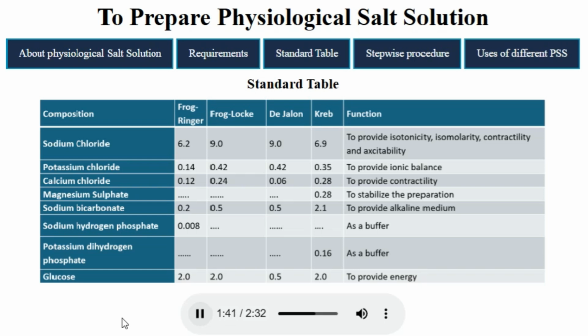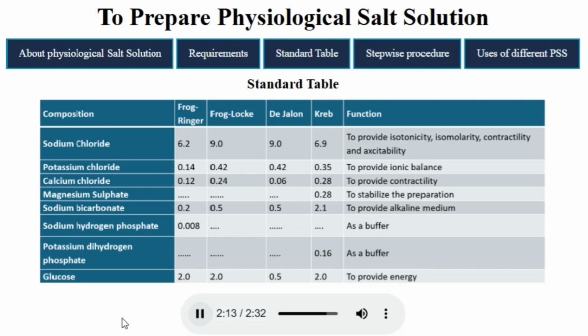Composition: sodium hydrogen phosphate. Frog Ringer 0.008. Frog Locke 0. De Jalon 0. Krebs 0. Function: as a buffer. Composition: potassium dihydrogen phosphate. Frog Ringer 0. Frog Locke 0. De Jalon 0. Krebs 0.16.